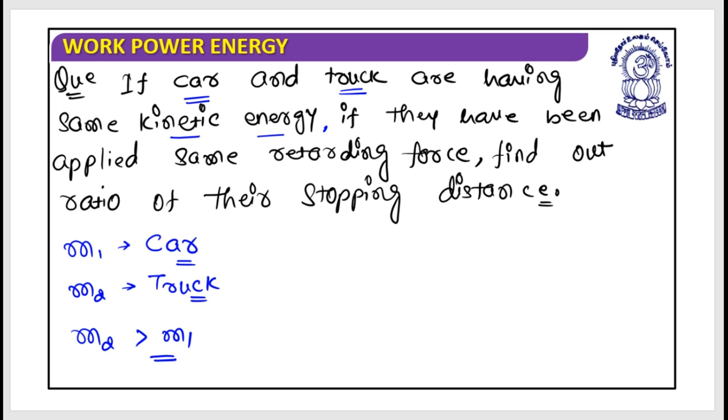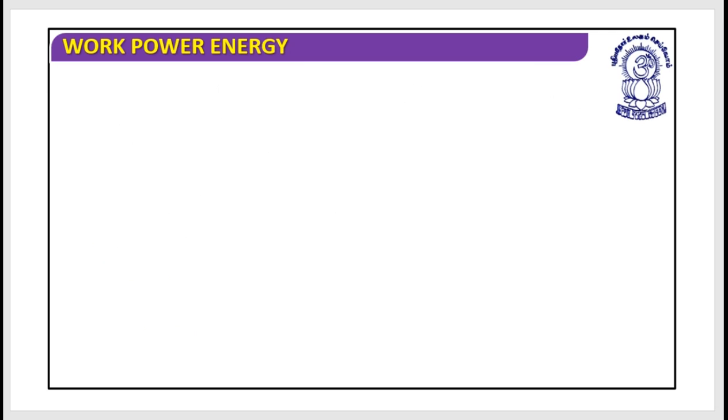So how could I get the ratio of their stopping distances? Any idea? How should I do this? So let's work on it.